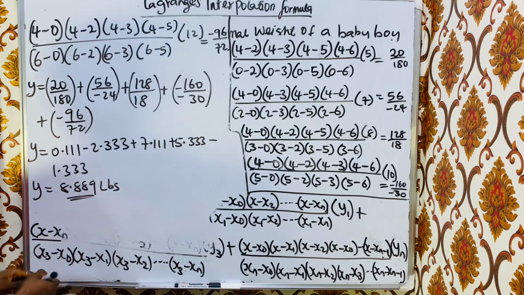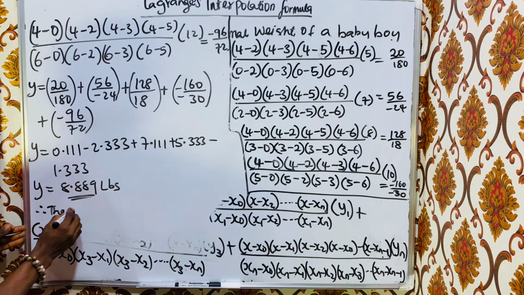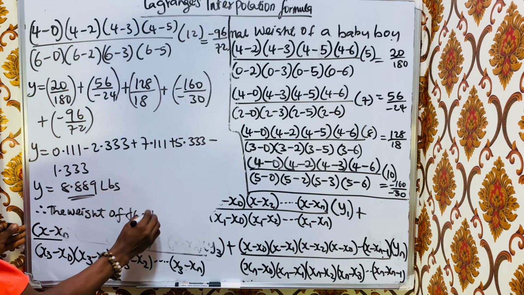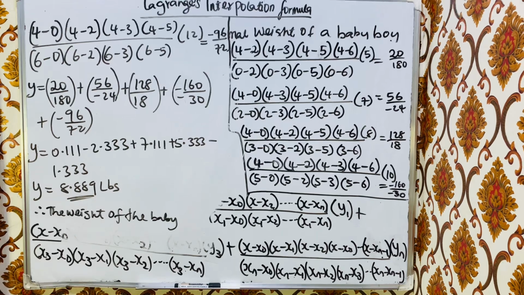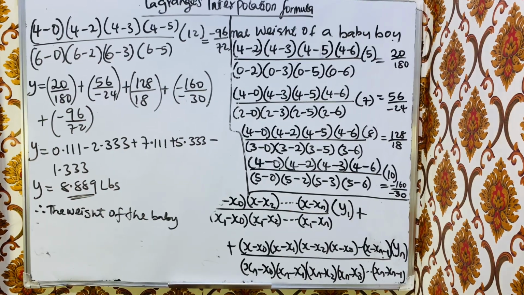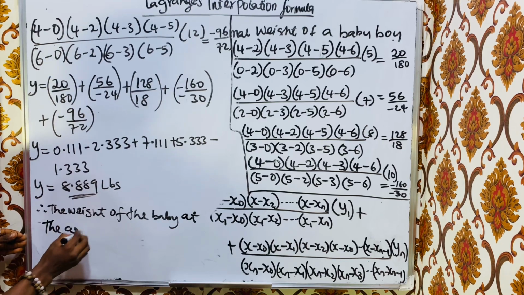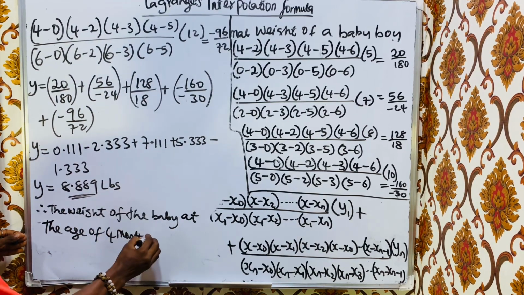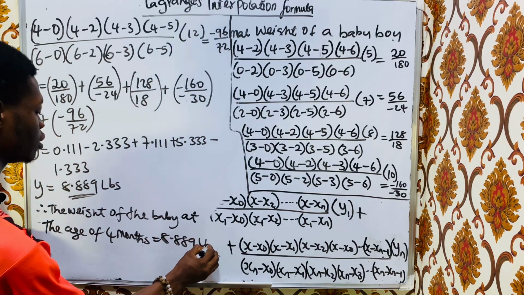Therefore, the weight of the baby at the age of 4 months is equal to 8.889 pounds.